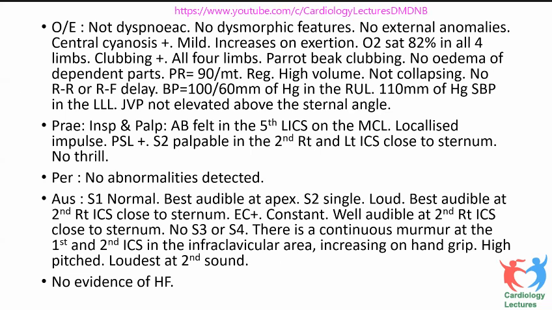Another is coronary artery to a low pressure chamber: to the pulmonary artery, the right ventricle, or through the coronary sinus into the right atrium. All can give rise to a continuous murmur. Or the coronary artery communicating with the pulmonary artery, as can happen in patients with ALCAPA. Okay, right. What else?